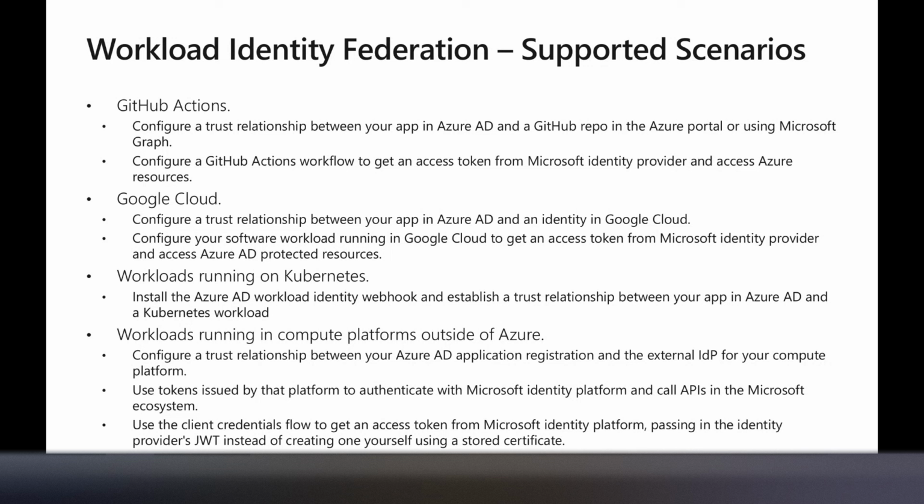You're right on that slide. Number one is GitHub Actions. So GitHub is one of the IDPs that you can use for GitHub Actions. That's a supported scenario. Second one is Google Cloud. So if you have workloads running in Google Cloud and they need to access Azure resources, they can do it through this IDP federation.